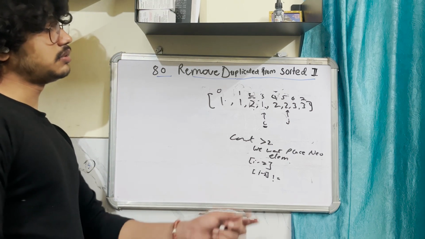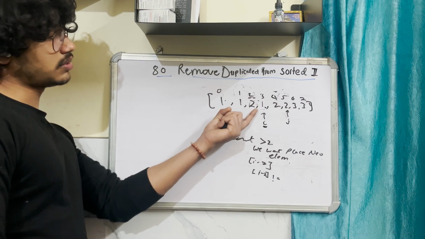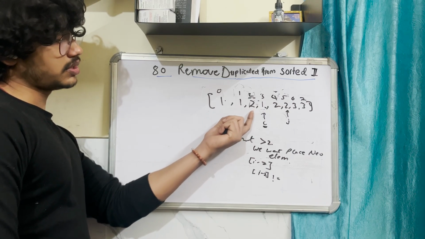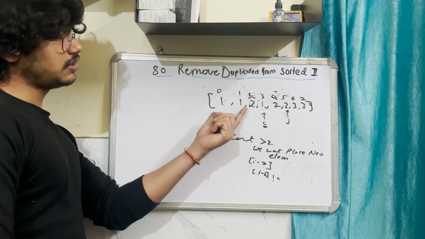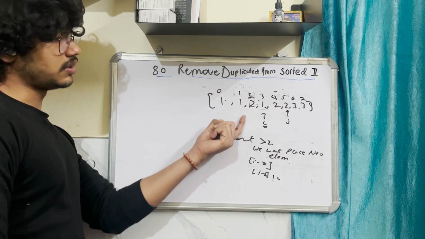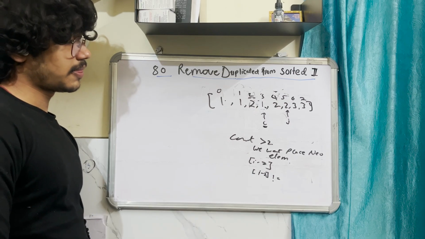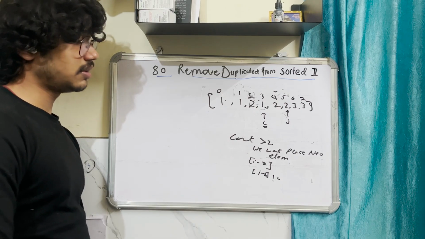Rather, you don't know if this position is sorted or not, or the next position is sorted. So basically you look at the I minus 2 position rather than the I minus 1 position. So let me take you to the coding part.